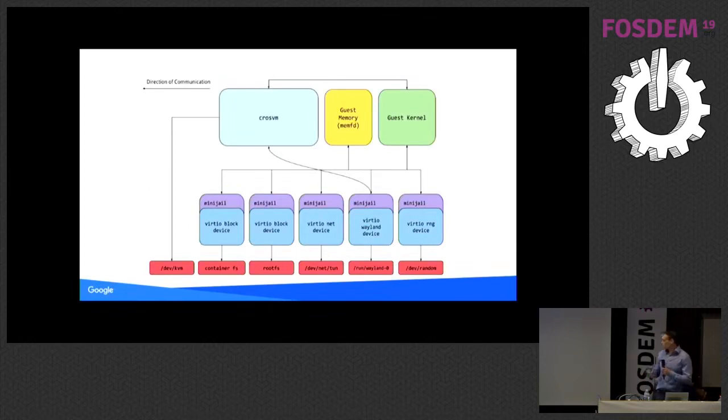we also decided to run each emulated device in its own Linux process. So when CrossVM starts up, it's got one main process. It actually forks off a bunch of children that can run in independent jails. They run in independent sets of Linux namespaces with different views of the mount tree and with different access to different system resources.